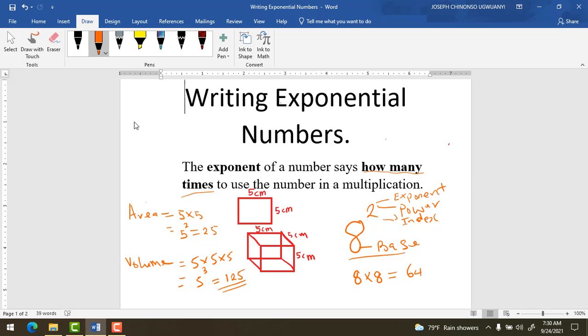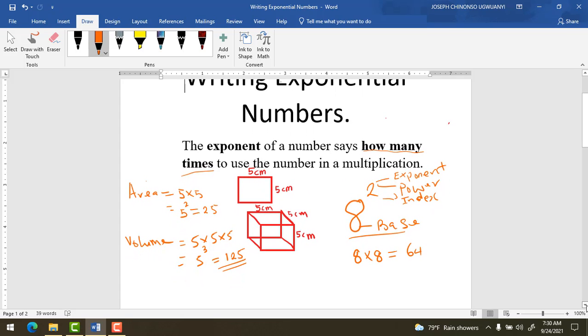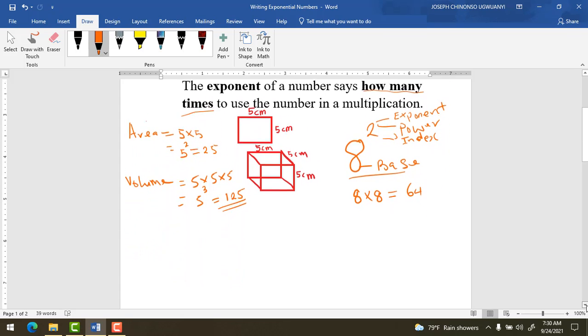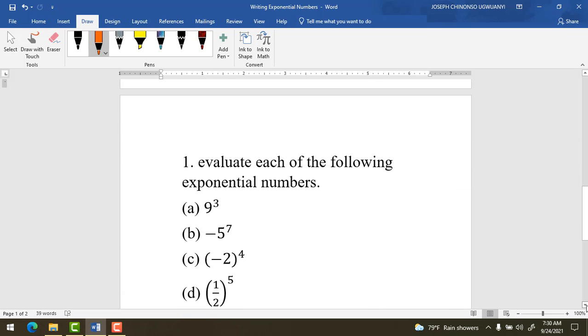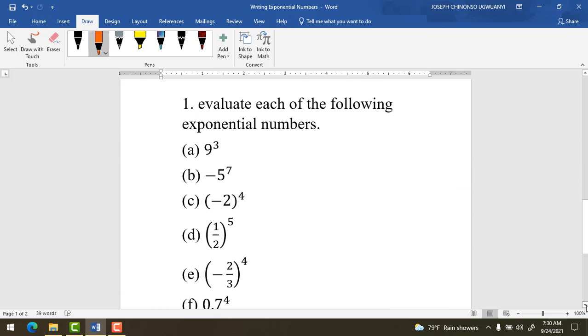So let's quickly see other ways or other forms of exponents that we can actually deal with. So let's go to another form of exponent. For example, we have a question that says evaluate each of the following exponents or exponential numbers.